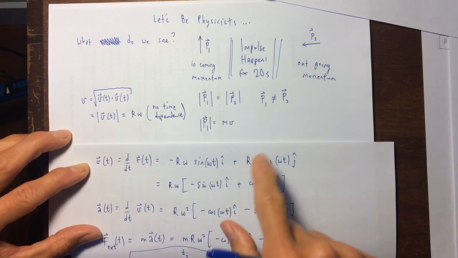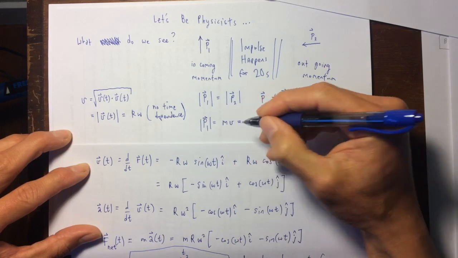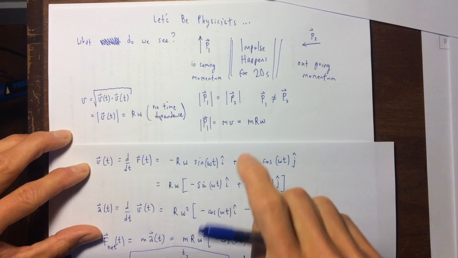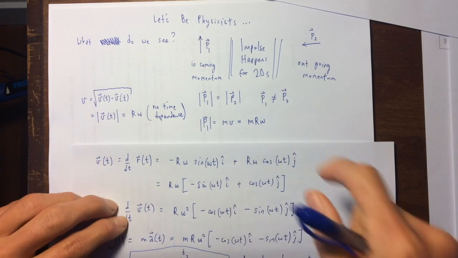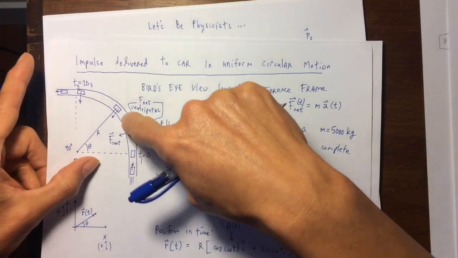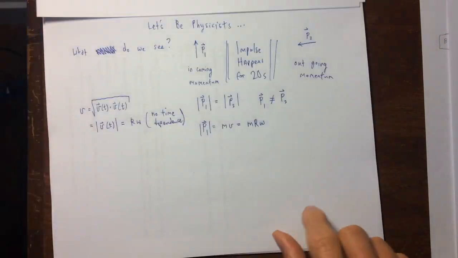So here we go, p1, which is m times v. This is the value of the magnitude of the momentum the whole time the car is in here. So we're continuing to be physicists.